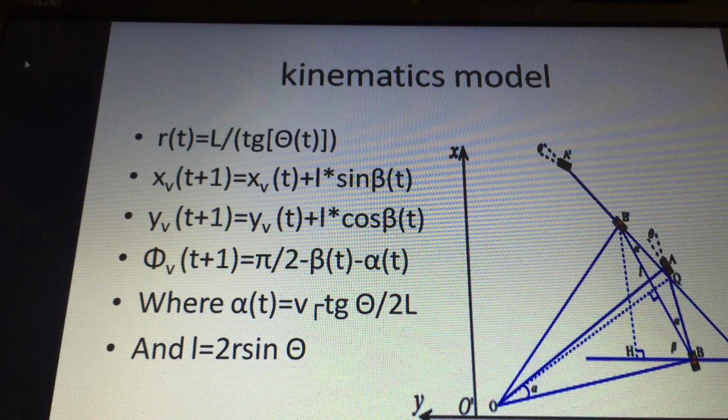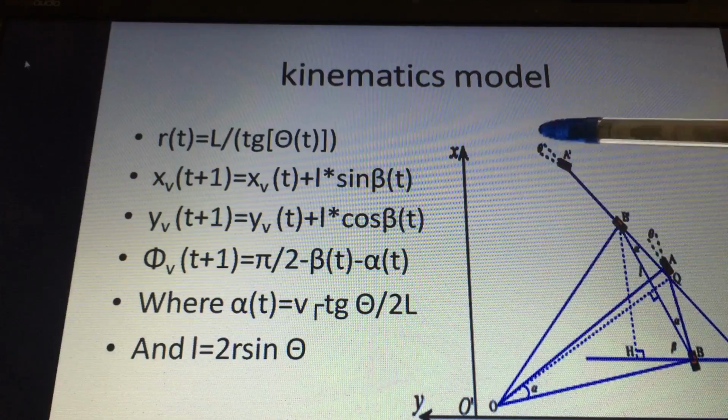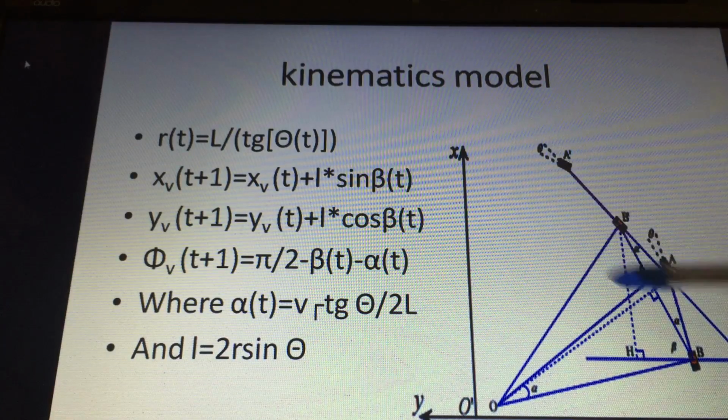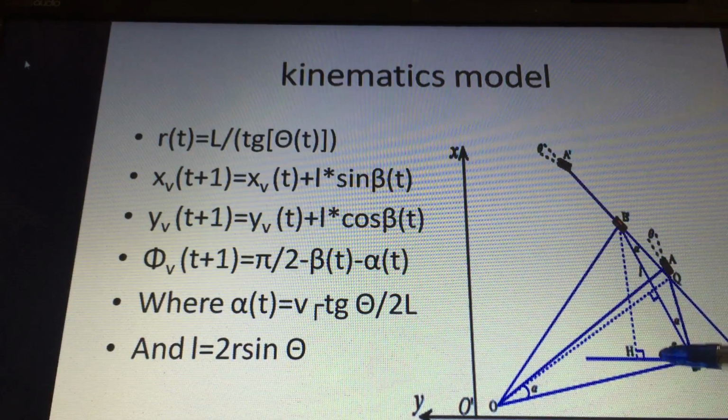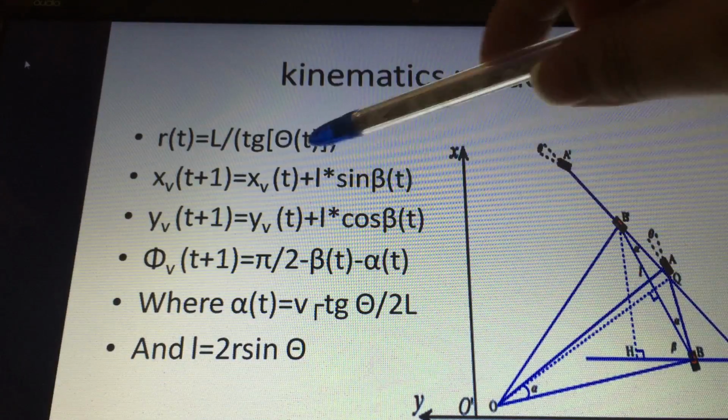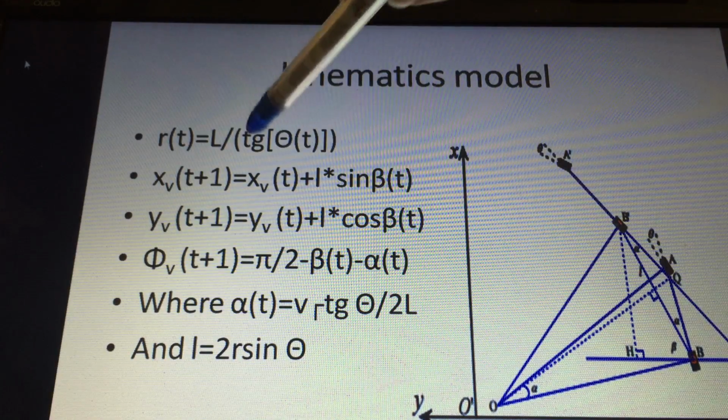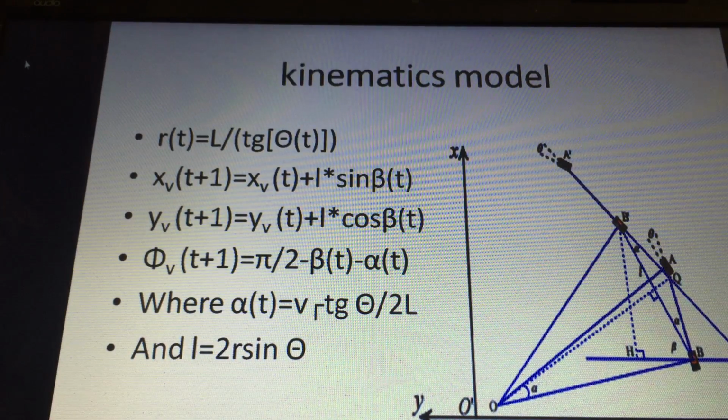x of t plus 1 is equal to x of t plus L times the sine of beta of t. And the y coordinate at moment t plus 1 is equal to y of t plus L times cosine beta.